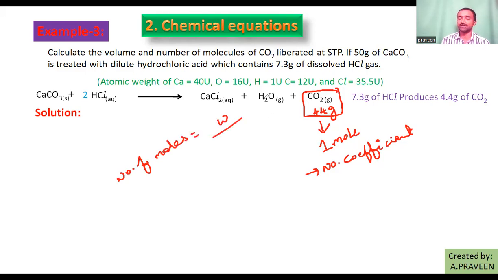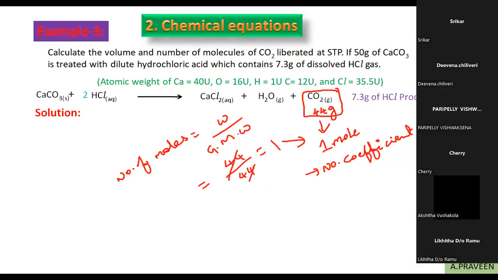So the weight is given according to your balanced equation, and the molecular weight, also called gram molecular weight. Here the weight is 44 grams and the molecular weight is also 44 grams. Then you will get 1. So like this, we can calculate. Right? So I think it is clear to you, everyone. Raise your hands if there is any doubt. Are you in doubt about this?